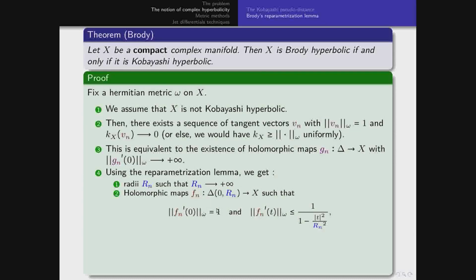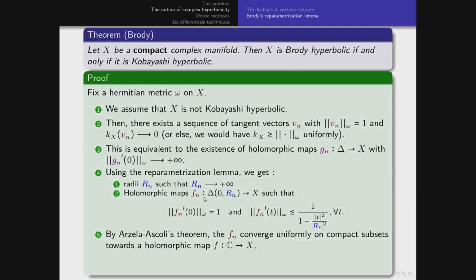And now you have holomorphic maps with bounded differential, and you can apply Arzelà-Ascoli's theorem to find that the f_n converge uniformly on compact subsets inside these disks. Since the R_n go to infinity, you find in the end a holomorphic map on the whole plane C going to X. If you pass to the limit in this equality and this inequality, you find that the norm of the derivative at 0 of f is equal to 1, and the norm elsewhere is bounded by 1 everywhere.